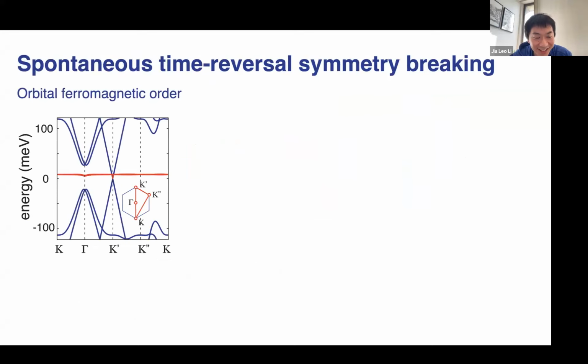The challenge here is that in twisted trilayer graphene, apart from this very flat Moiré band, the red line, which is a calculation, there's also a Dirac cone that coexists with the flat band. While the flat band gets gapped out and develops this orbital ferromagnetic order, the Dirac cone is always gapless, which means the sample is always somewhat metallic or conductive.